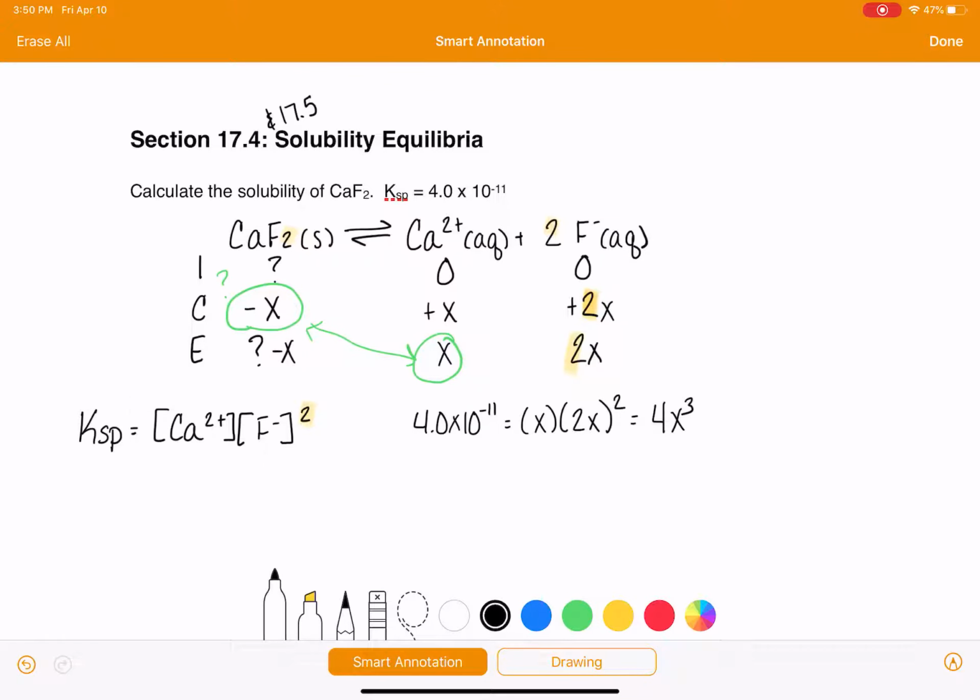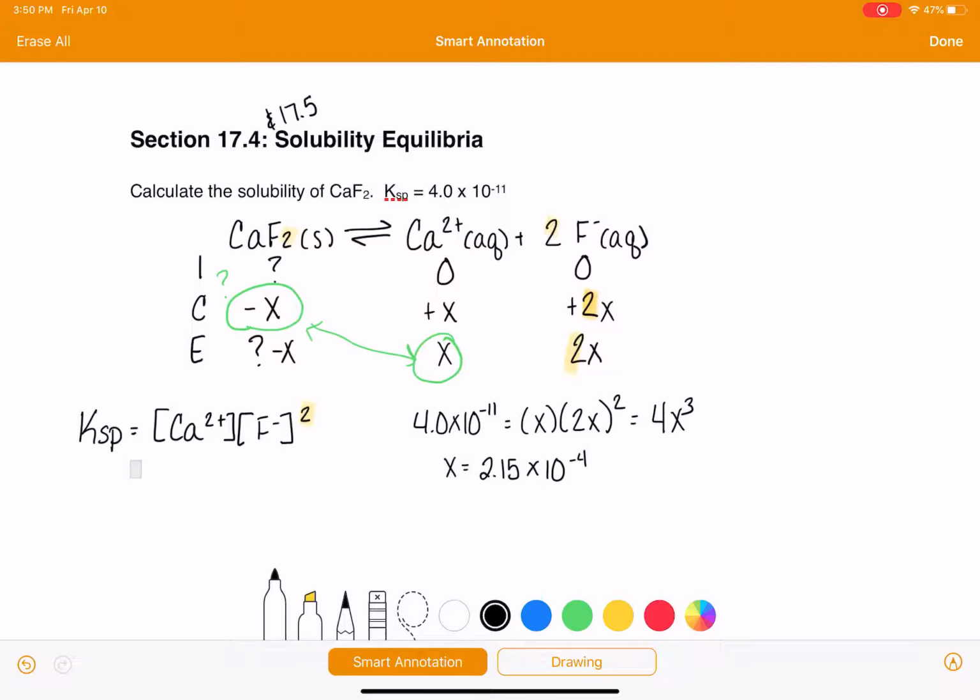And now we need to solve for X. 4 times 10 to the minus 11 divided by 4, and take the cube root. X is 2.15 times 10 to the negative 4.